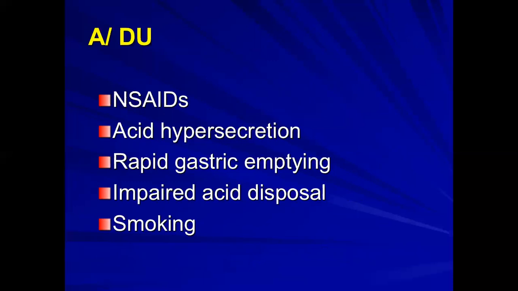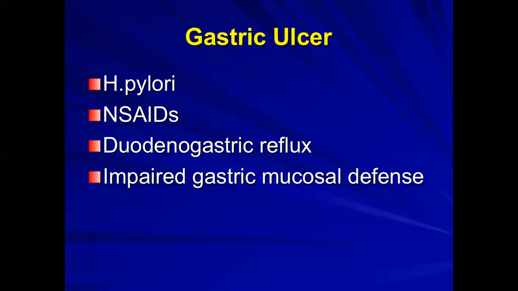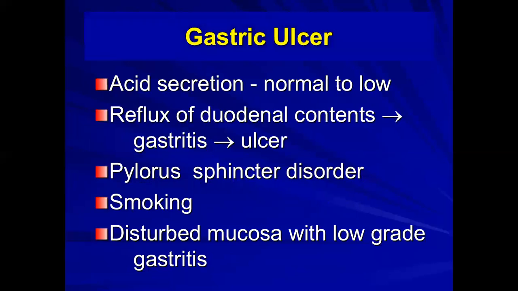So duodenal ulcers, again, can be due to NSAIDs, acid hypersecretion, rapid gastric emptying, impaired acid disposal, and smoking. So there is increased secretion of acid. Gastric ulcer, again, H. pylori, NSAIDs, duodenogastric reflux, and impaired gastric mucosal defense are also causes of gastric ulcer.